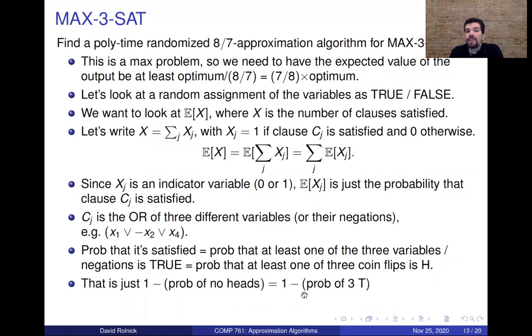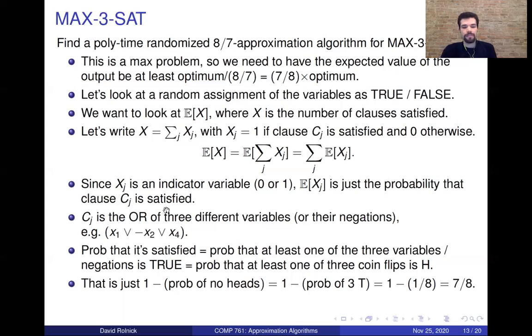The probability of no heads is the probability of getting 3 tails. All of them are tails. So you have 1 minus 1/8. So in 7 out of 8 cases, you will have at least one head, because only one of the 8 possibilities has no heads. So let's go back and plug this in here. We're looking at the probability that clause Cj is satisfied.